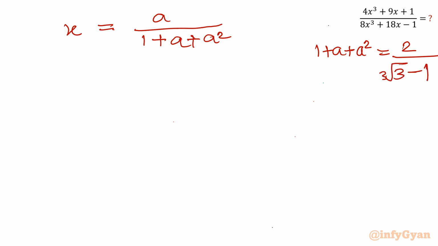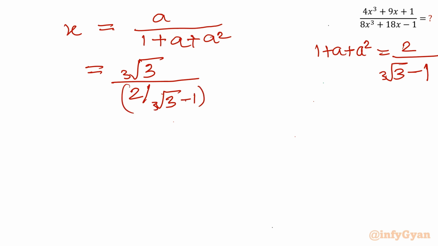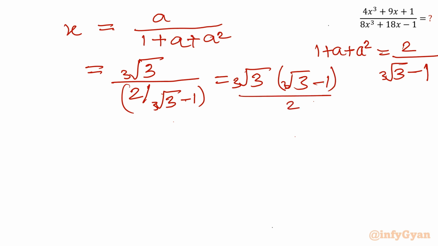Now let us put over here. So I will write a was cube root of 3 over denominator 2 over cube root of 3 minus 1. So next step I can write it is cube root of 3 times cube root of 3 minus 1, divided by 2. Now I will expand. Let's take the product.